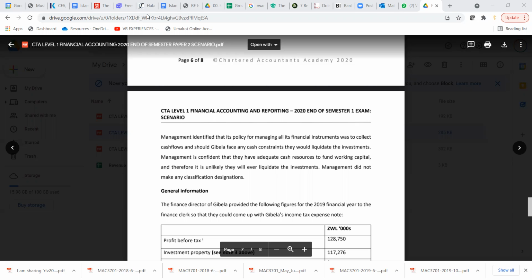I can start maybe for the amortized cost. We say there are conditions that have to be met: that the asset is held within a business model whose objective is to hold the financial asset in order to collect contractual cash flows. Then the contractual terms of the financial asset give rise on specified dates to cash flows that are solely payments of principal and interest.